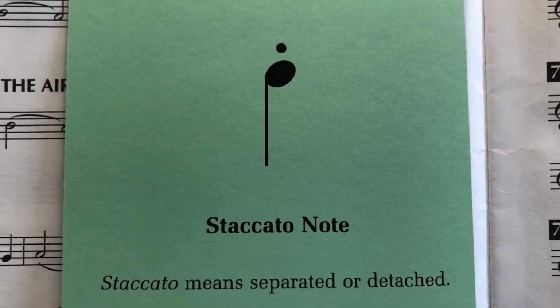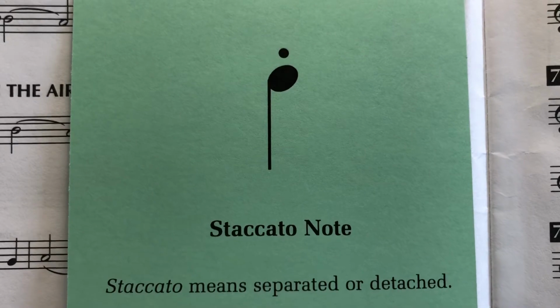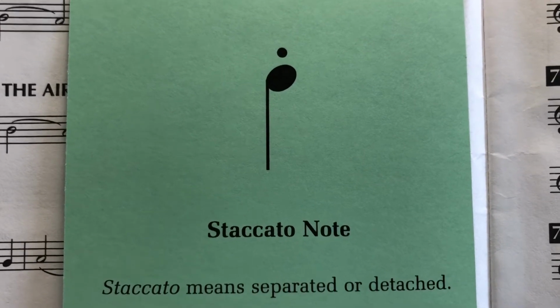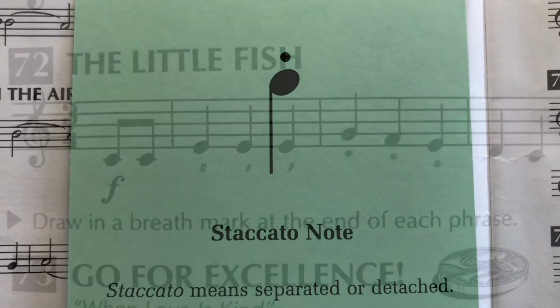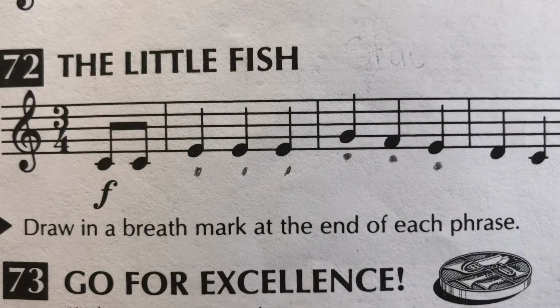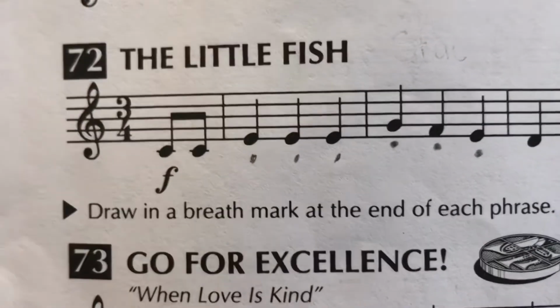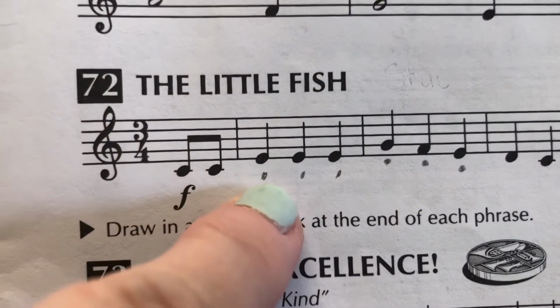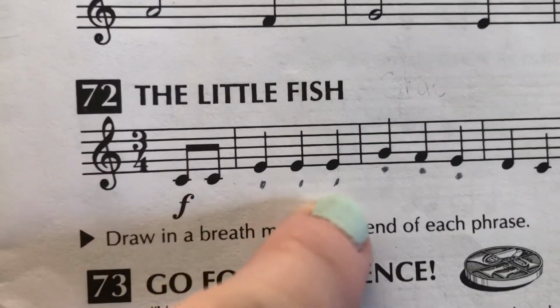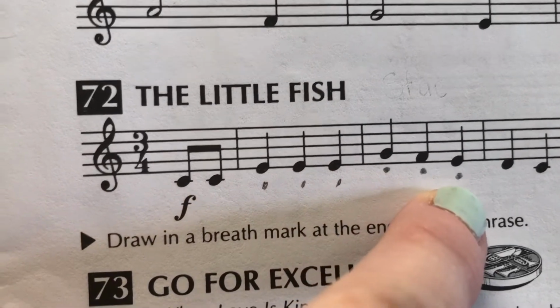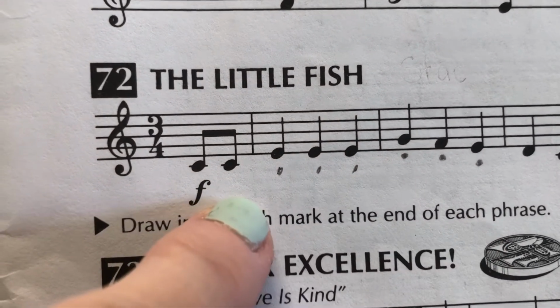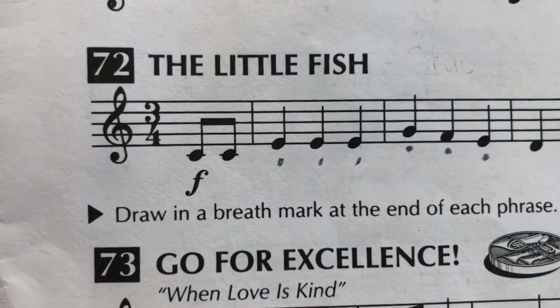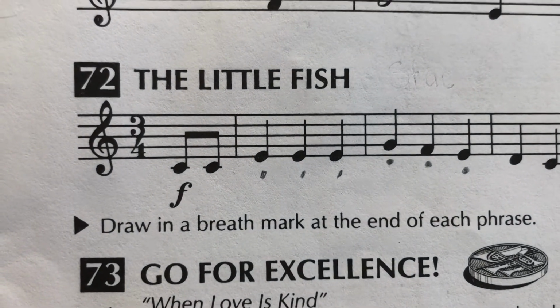And usually when you play staccato, you'll see several notes in a row with a dot right above or right below it. I wrote little staccato dots under these notes. The first two do not have staccato, but you see these notes, the E's and the G, F, E here, they have little dots under them saying I should play them separated and detached from one another.